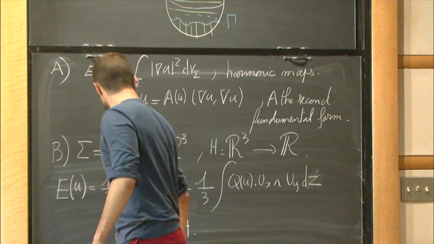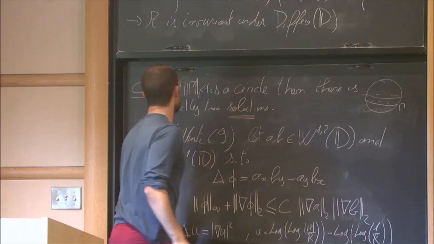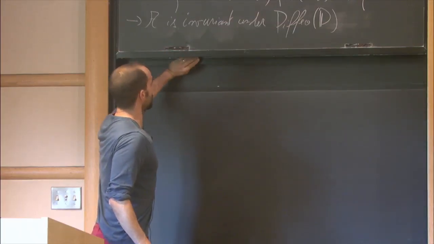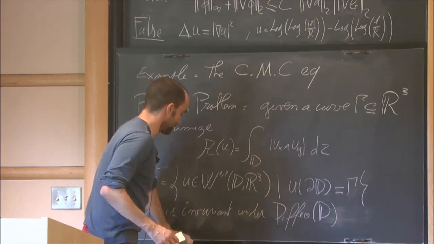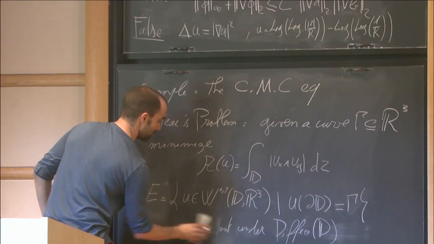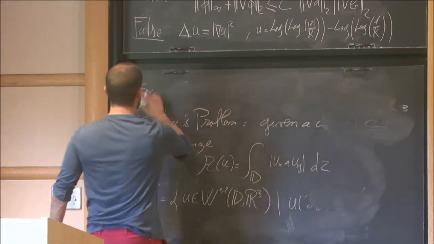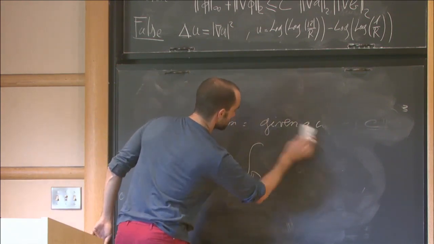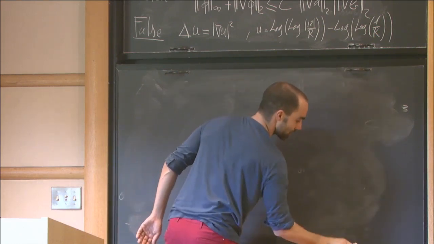So this problem is known as the prescribed mean curvature problem. It's a generalization of the constant mean curvature equation. The existence theory for this problem is not solved today. I mean, not for the disk, but for the sphere.